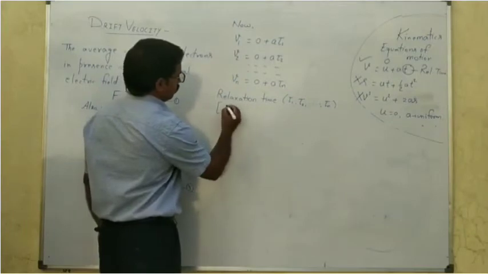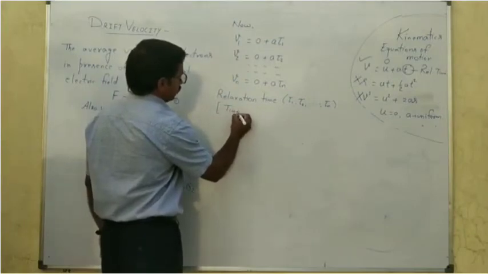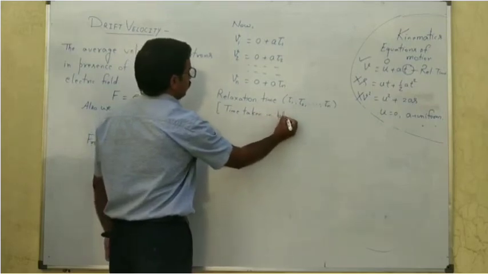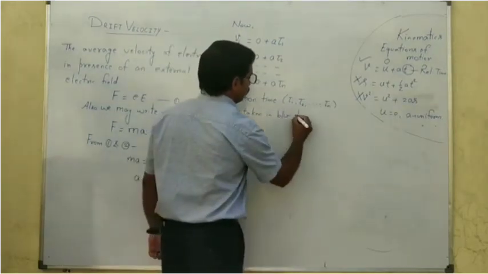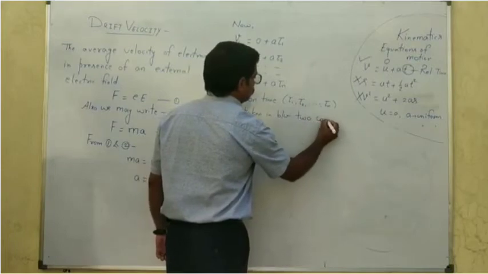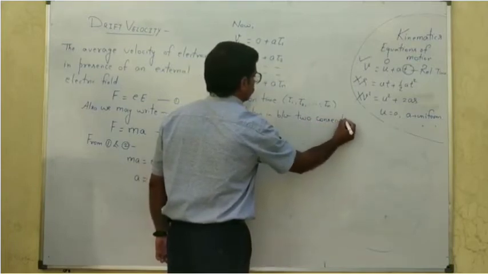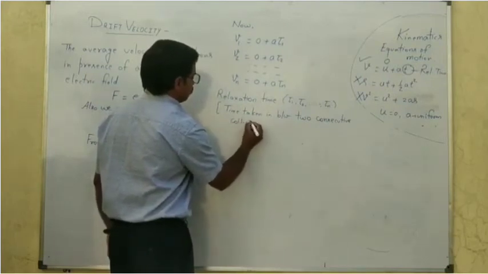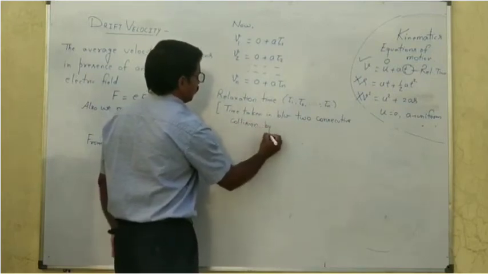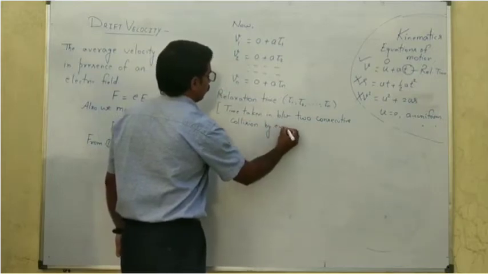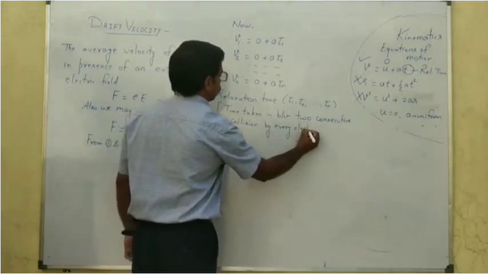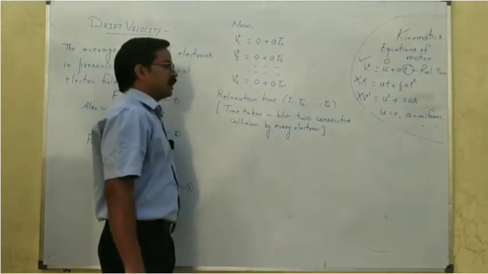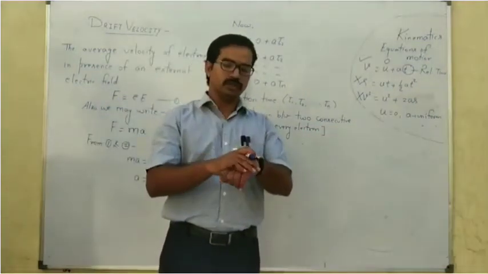Relaxation time is the time taken in between two consecutive collisions by every electron. Time taken in between two consecutive collisions.